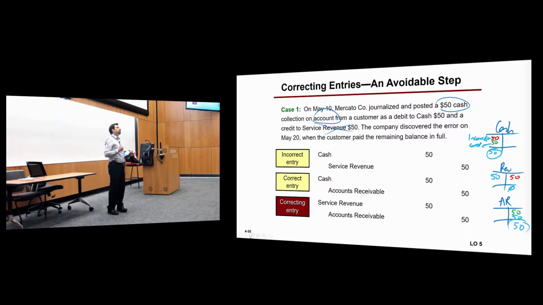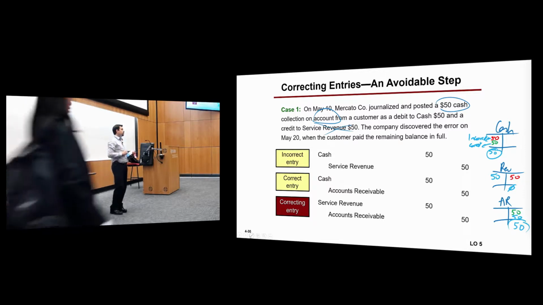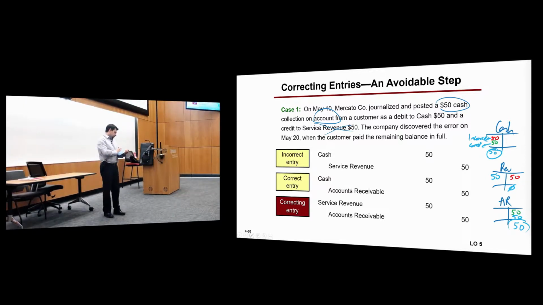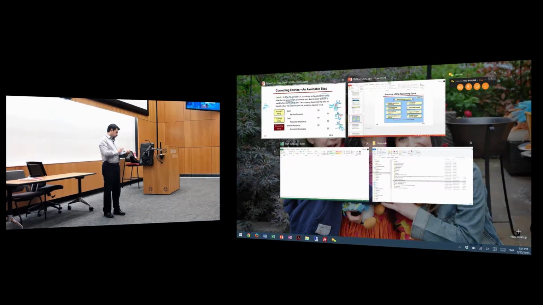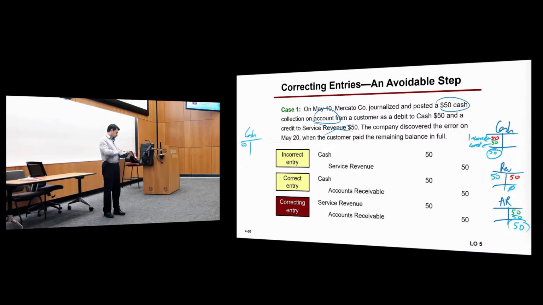How do you reverse the incorrect one? Exactly. So the other way would be here to have, for example, you have cash. It was debited 50, and revenue was credited 50. That's the incorrect one.